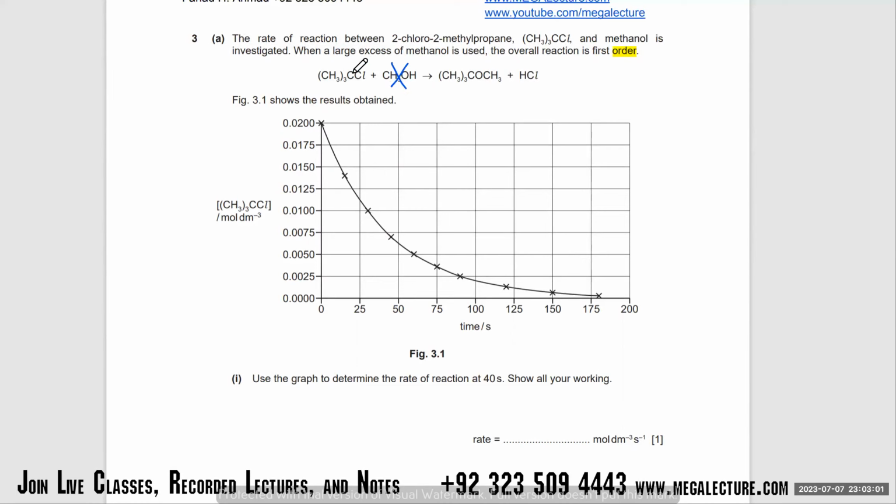So they've plotted this chloroalkane. So how do you find the rate at 40 seconds? What do you need to do?